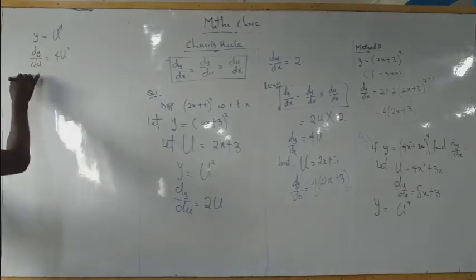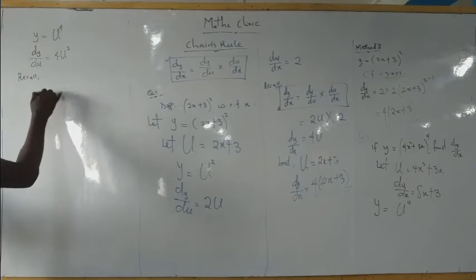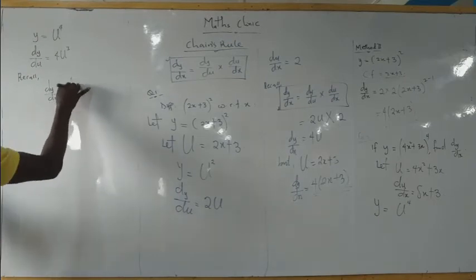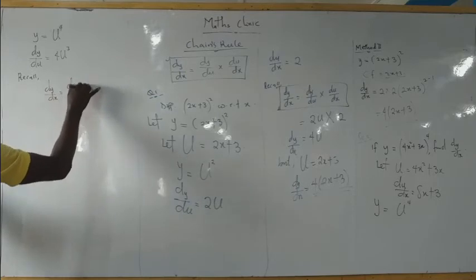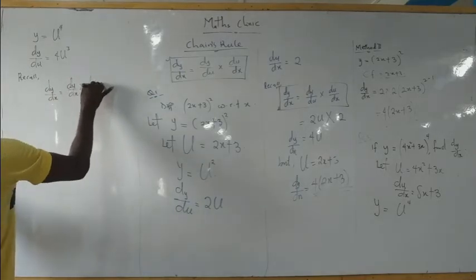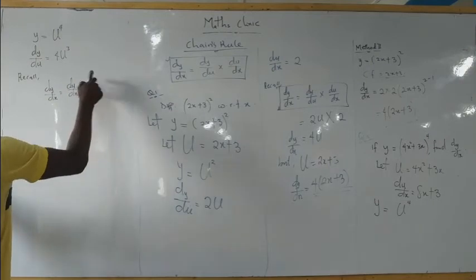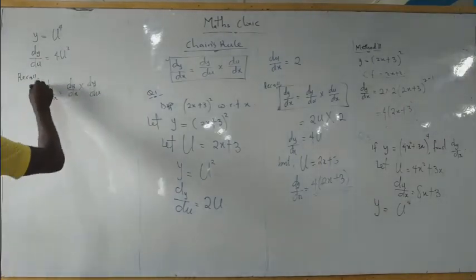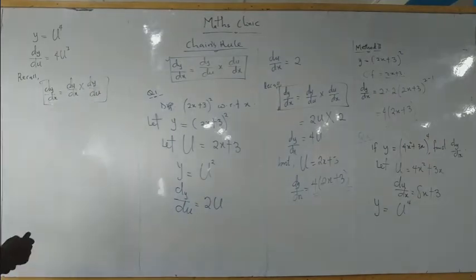Recall that dy/dx equals du/dx times dy/du, or dy/du times du/dx. So this is the function of functions, or the chain rule.